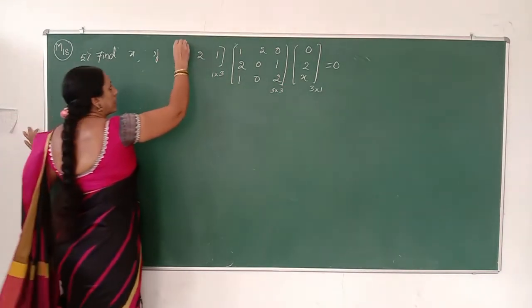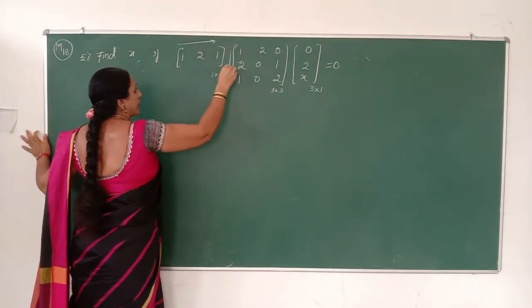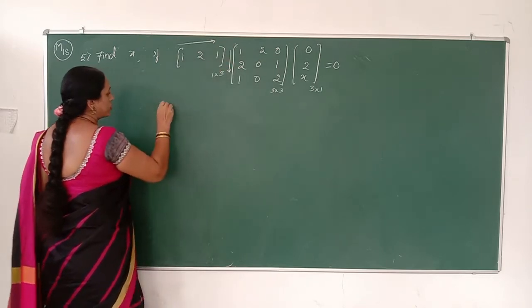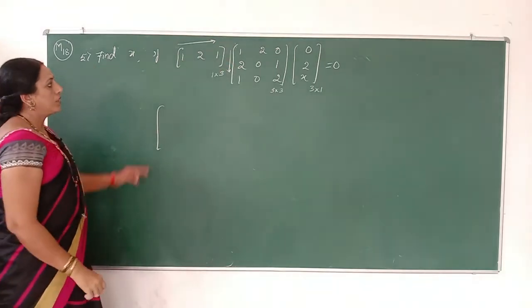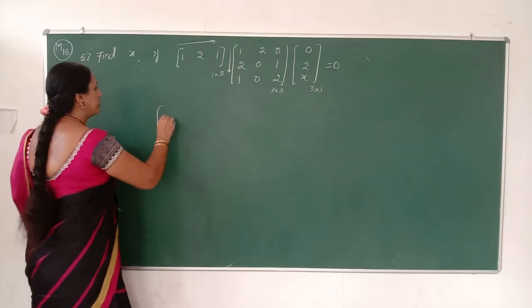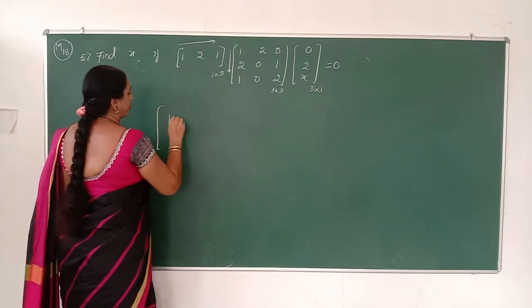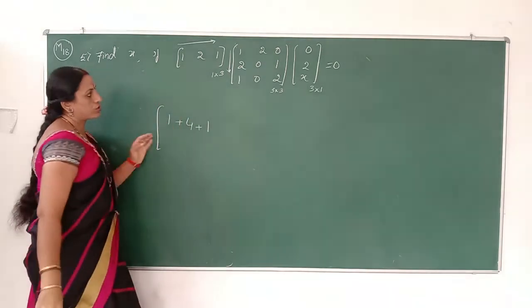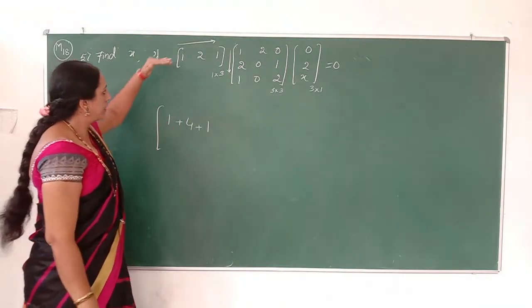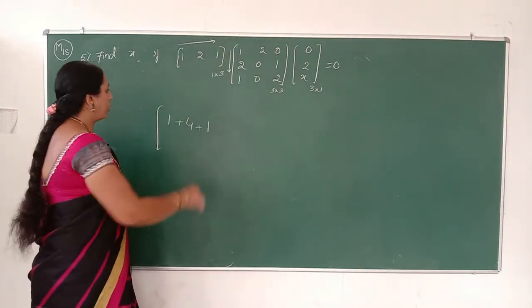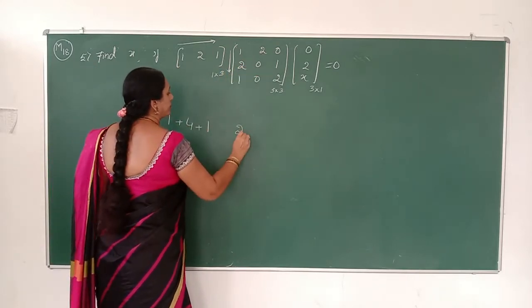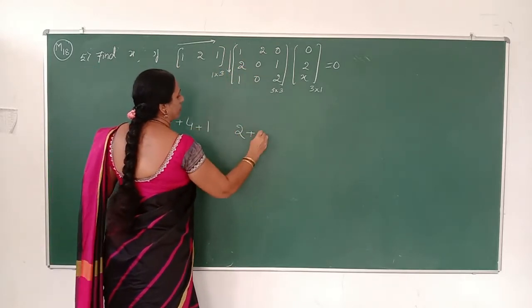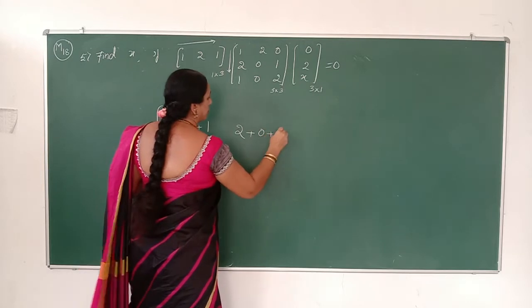Now, first we'll multiply the first and second matrices. First row, first column: 1 into 1, 2 into 2, 1 into 1. First row, first column is completed. Next, first row, second column: 1 into 2, 2 into 0, 1 into 0.